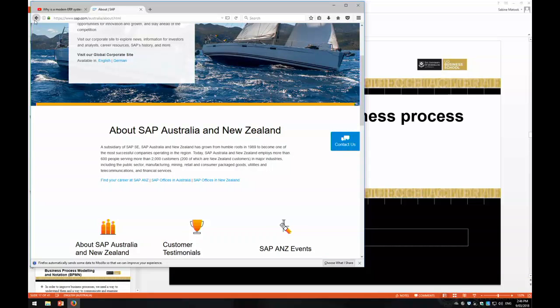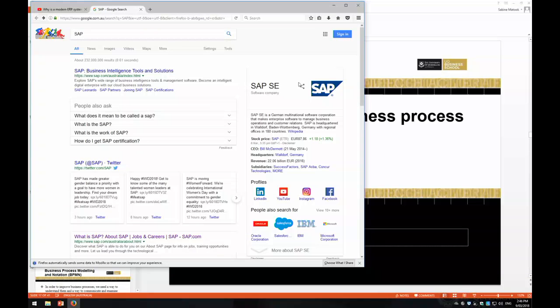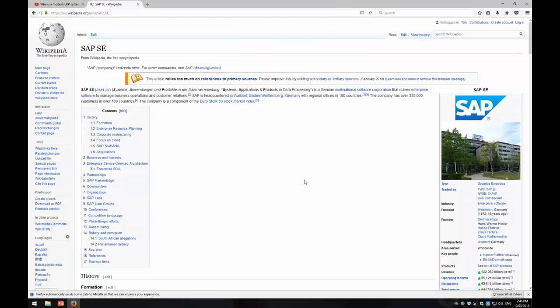Humble roots. Let me go one slide back, and hopefully this gets a little better. So it stands for Systems, Anwendungen, Applications and Products, SAP.